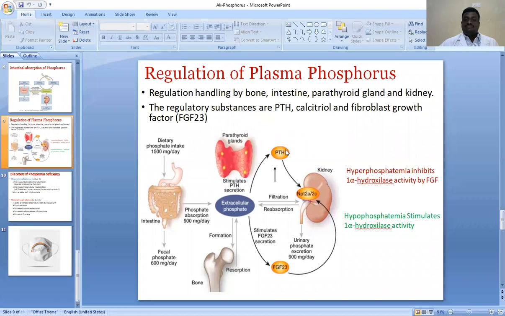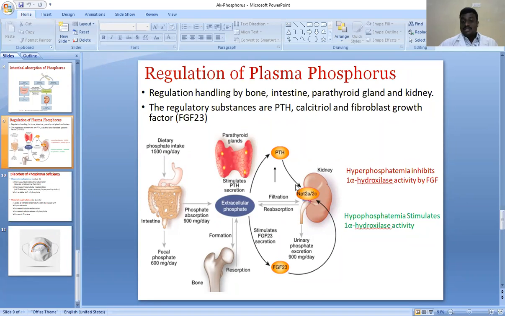After release, parathyroid hormone acts on the kidney as well as the bone. In the kidney, when parathyroid hormone reaches it, more excretion of phosphate takes place.